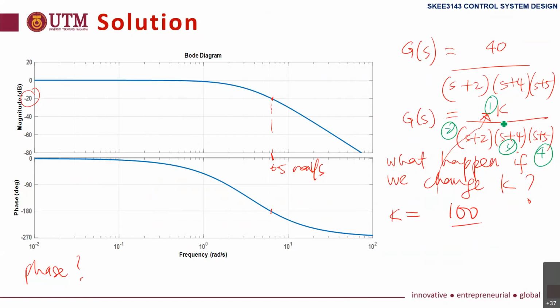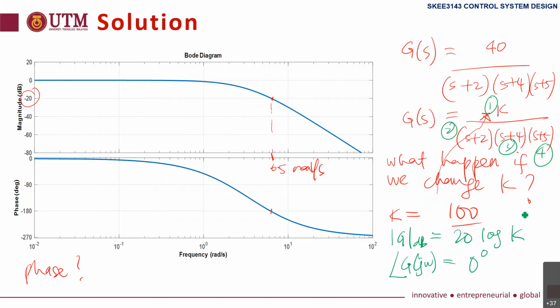For component 1, we know the gain is 20 log K, and the phase is always 0 degrees, because K lies on the real axis, positive.